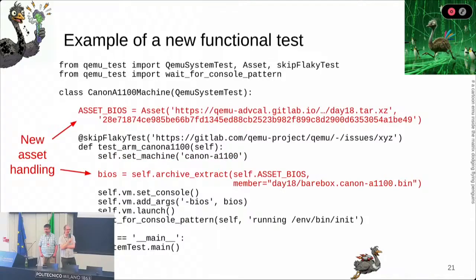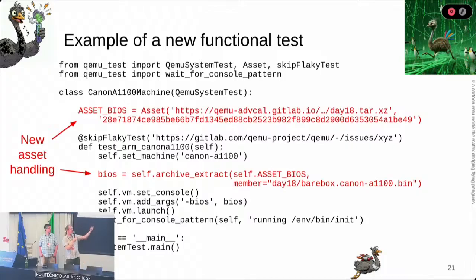This is an example of the new asset handling. You can see the asset variable declared at the class level. It has to have the name prefix ASSET all in uppercase for the pre-caching logic to identify it and download the files.